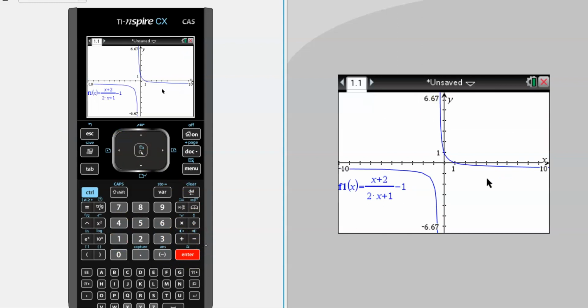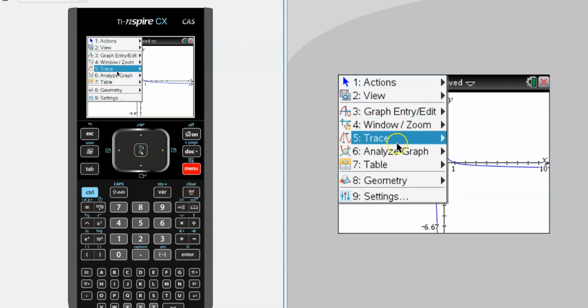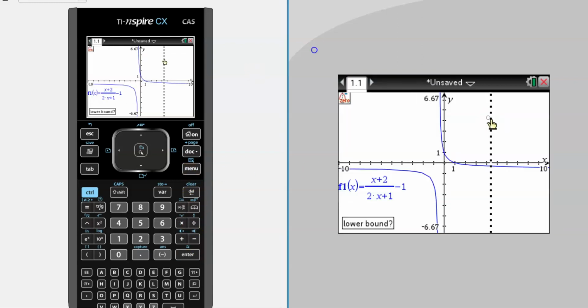What does that do for me? Well, now I'm trying to find out where does this equation equal 0. So where is it on the x-axis? Well, if I check this, analyze 0, there's my 0.